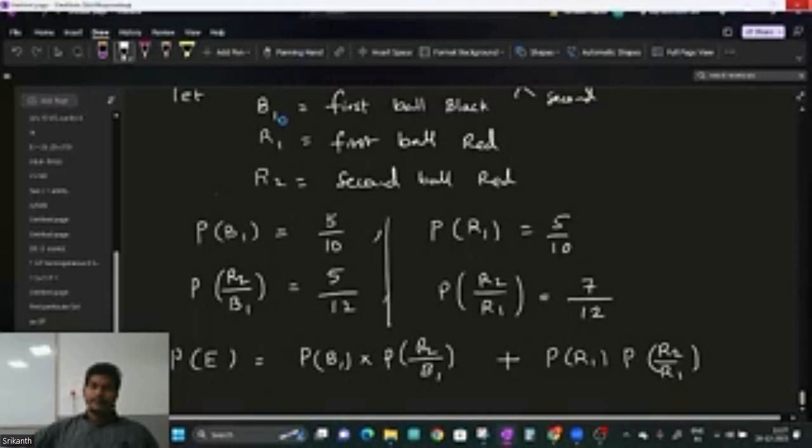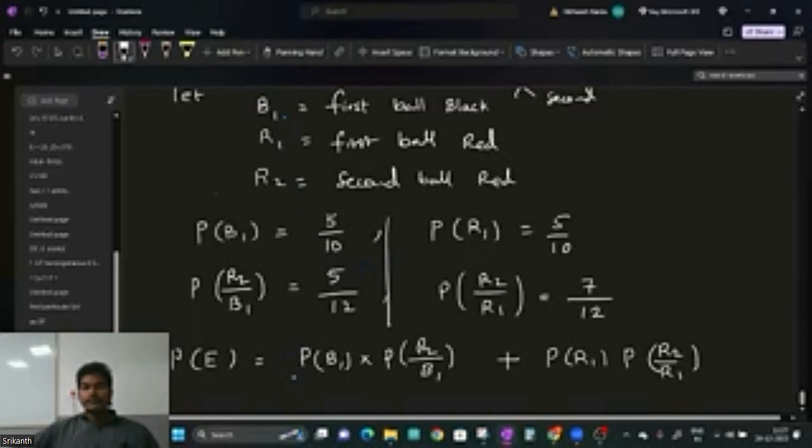Now calculate these values. So this is equal to P of B1 is 5 by 10 into 5 out of 12 plus this is 5 by 10 into 7 out of 12. 25 plus 35, how much? 60. 60 out of 120, how much? 1 by 2. 1 by 2 is the answer of this question.